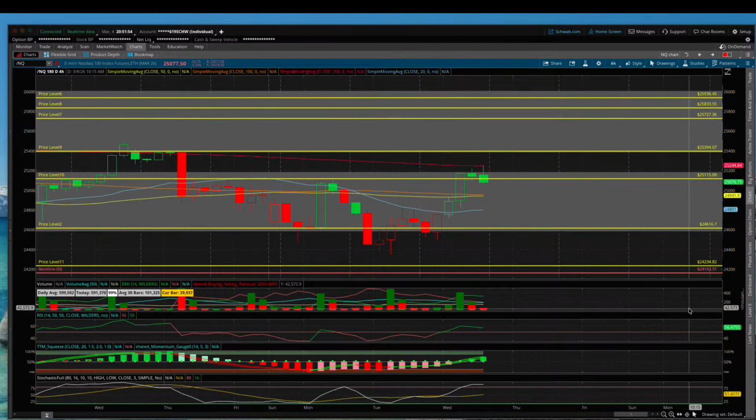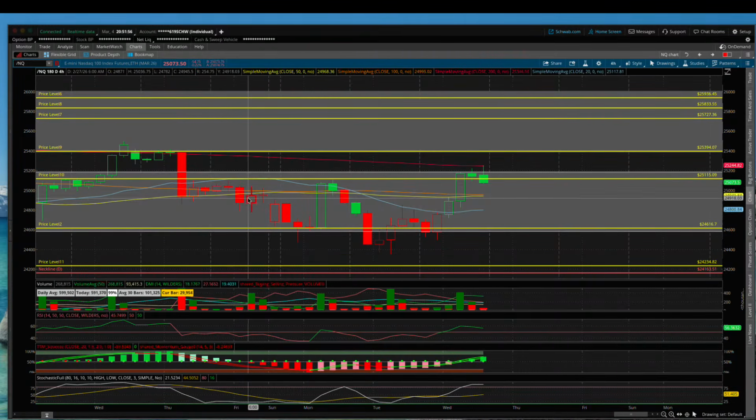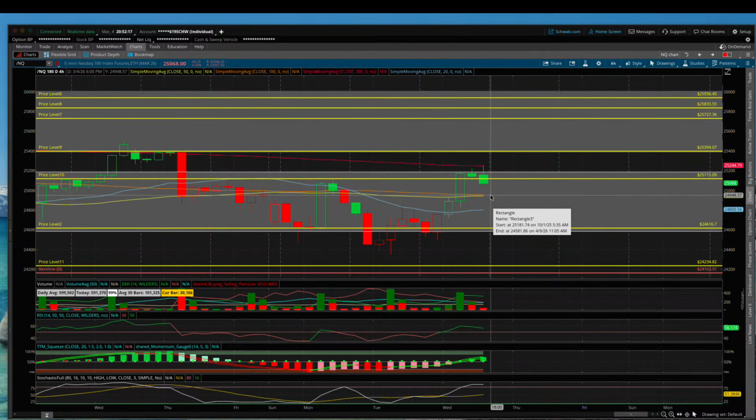Now we see this inverse head and shoulders is a little different. On the SPY and the ES, the left shoulder is a lot stronger, but on the QQQ, the right shoulder is a lot stronger. So with this one, I expect we go to 24,950.